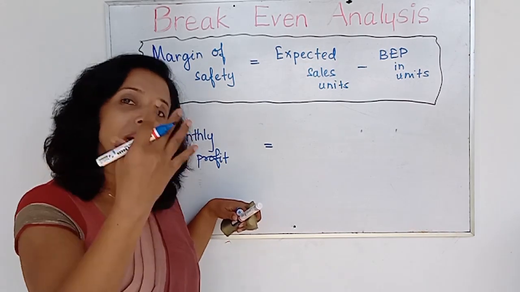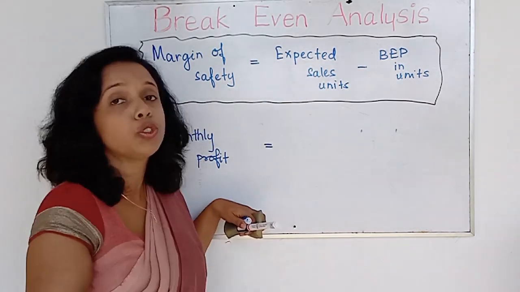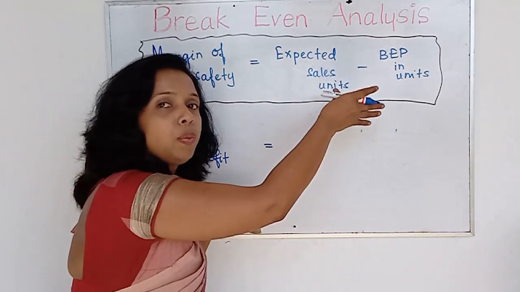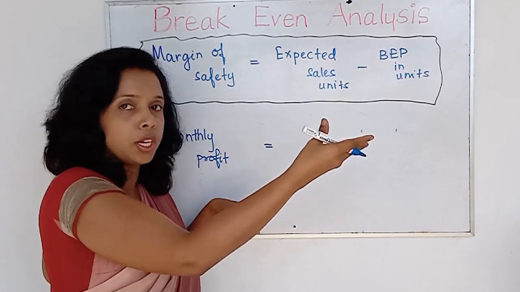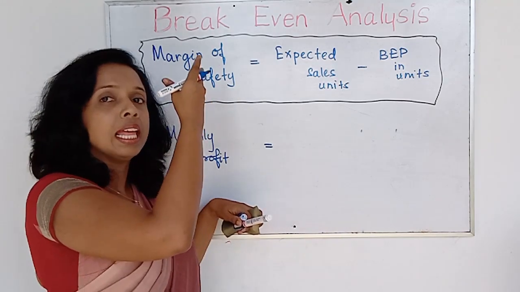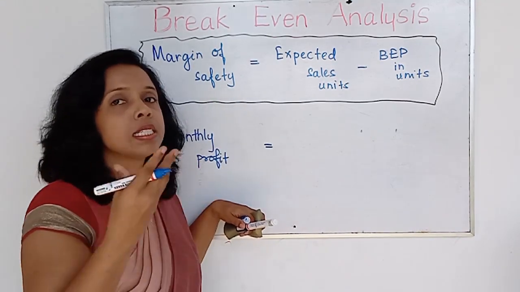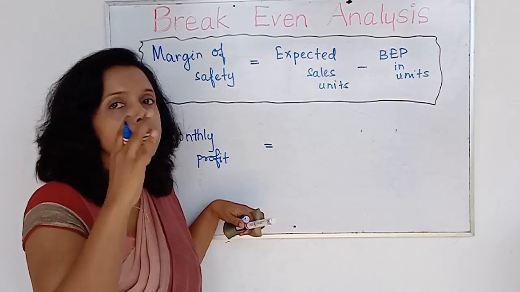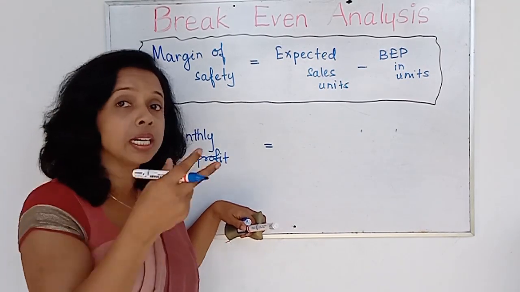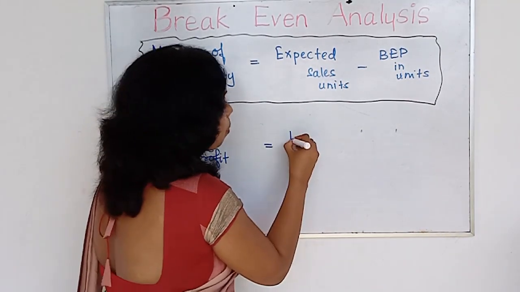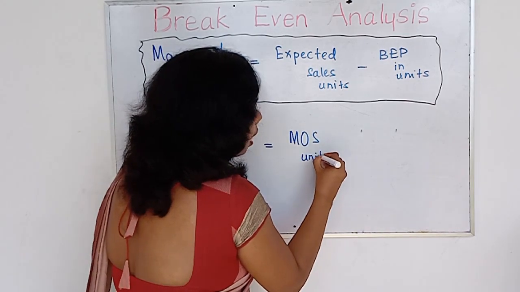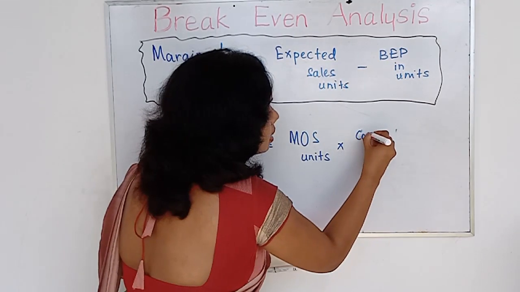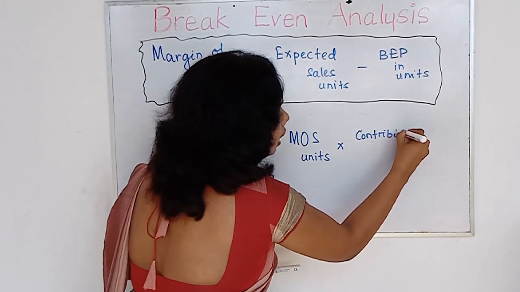But after that, whatever the number of units are expected to sell, the difference between expected sales units and the break-even point in units, which we call the margin of safety, that number of units supports you to earn monthly profit. Then what I am going to do, margin of safety units multiplied by contribution per unit.